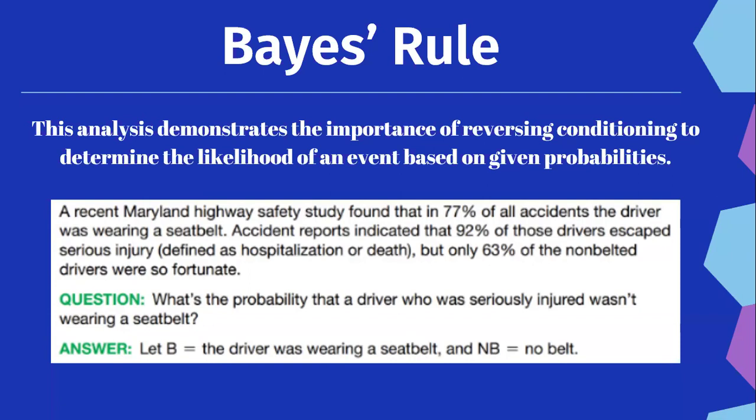Question: what is the probability that a driver who was seriously injured wasn't wearing a seatbelt? Answer: let B equal the driver was wearing a seatbelt and NB equal no belt.